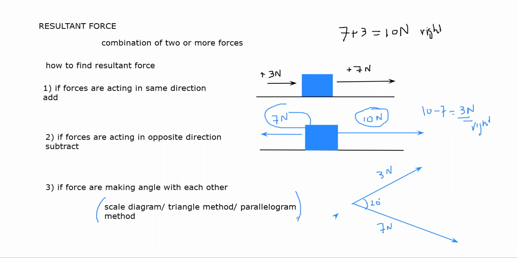I will explain all three methods, but not now, because first I want to explain another topic, which is about force and motion. Basically it's about resultant force and motion.